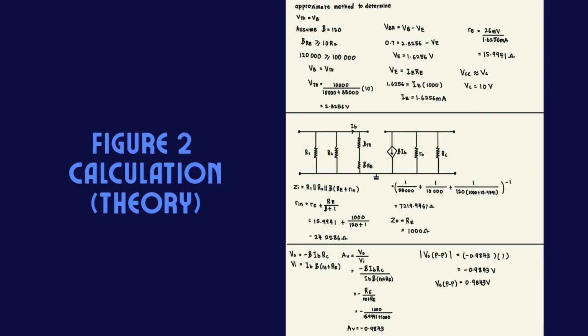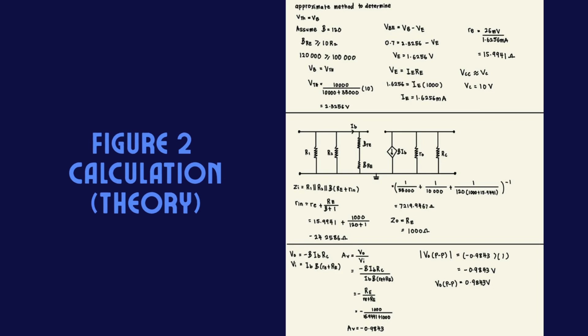Even though we use the same method, they are different in finding the AV, because for this figure 2 the emitter is bypassed. So there is a different formula we use to get the AV.